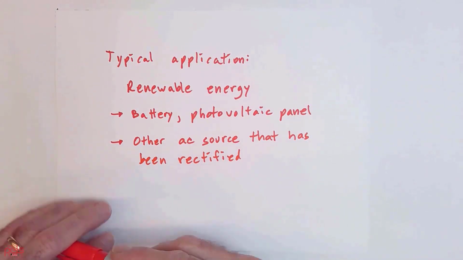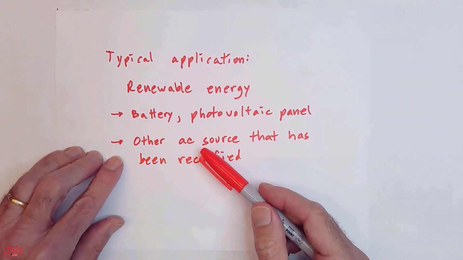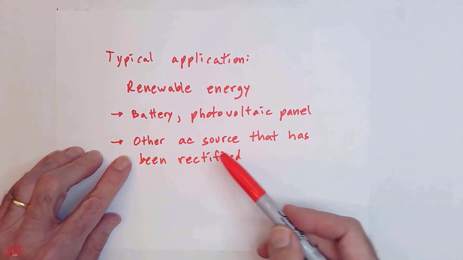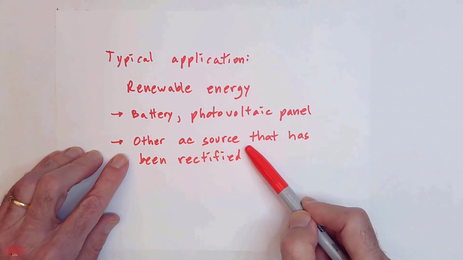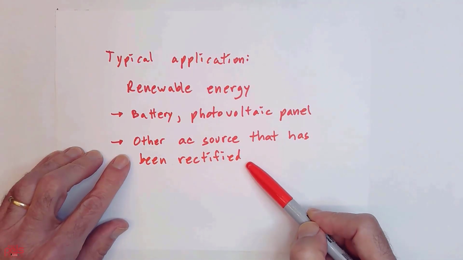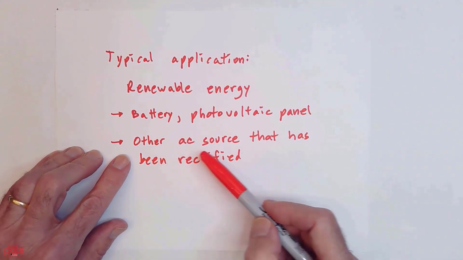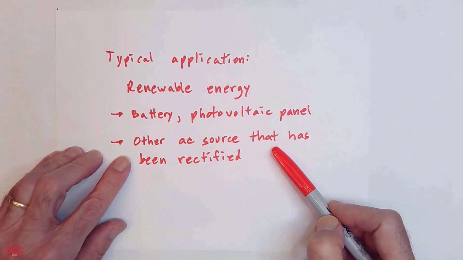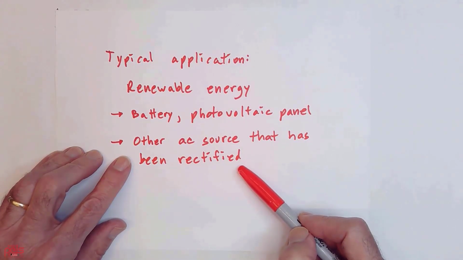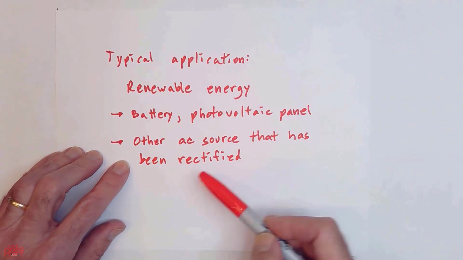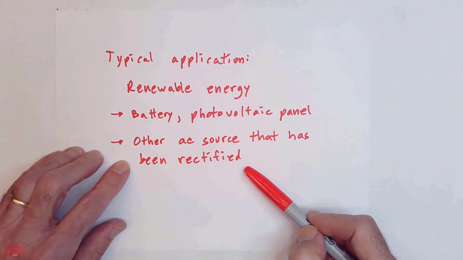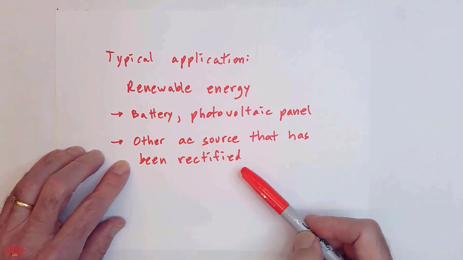Let's say, for example, they have a micro turbine or a large wind turbine that's not necessarily running at the same frequency as the electric power grid. And one straightforward strategy is to rectify that to a DC bus and then send the DC bus into a voltage source inverter, deliver that to the grid.